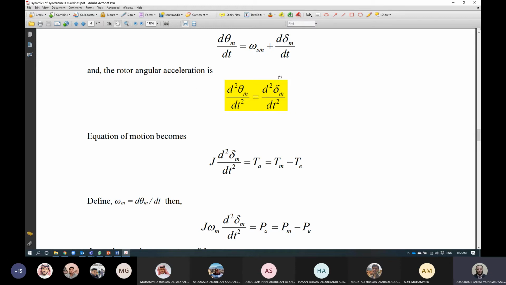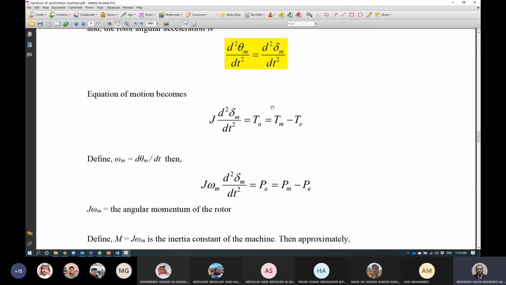This is very important, which means now the acceleration of the machine equals d square delta by dt square, because delta will represent the power angle later. So it's very important to recognize that the acceleration is the same value as d square delta by dt square. Right.